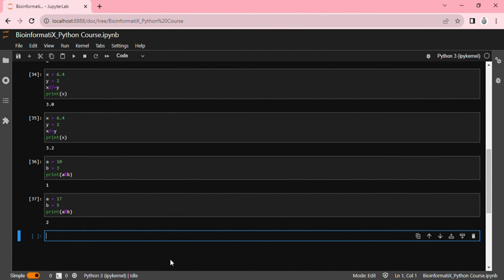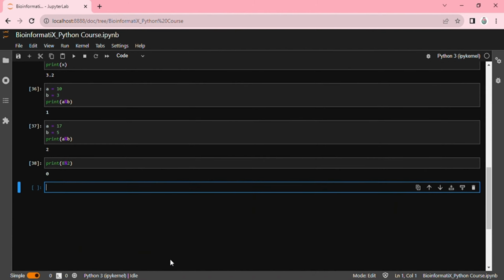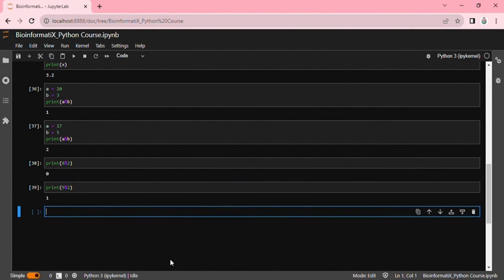If the divisor is even, the remainder is 0 for an even dividend and 1 for an odd dividend. For example, print 8 modulus 2, it gives us 0. And when we print 9 modulus 2, it gives us 1.